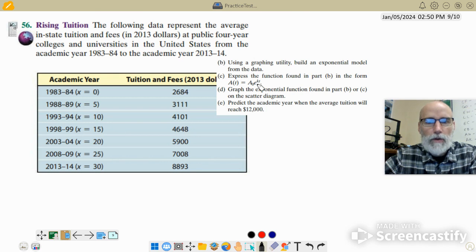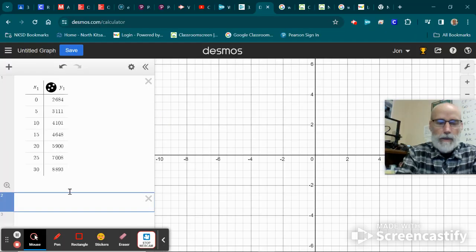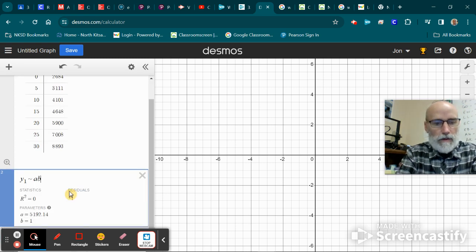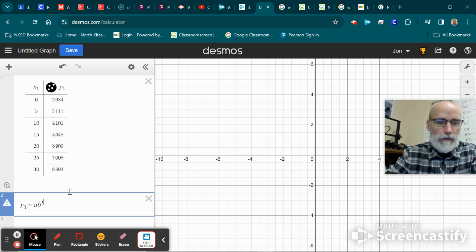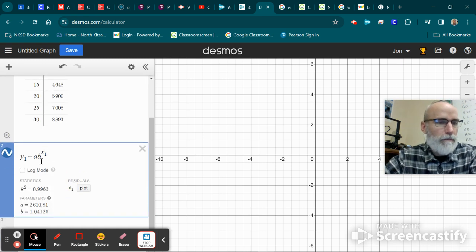Now you notice there are two separate forms here. This one has e for a base, and it didn't specify in the other one. So I'm going to try y1 tilde a b to the x. This is an exponential model with some random base in here.